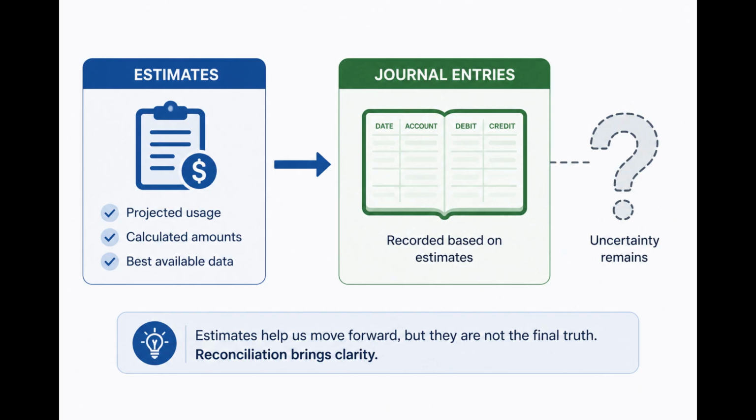Everything we've done so far has been based on estimates. Because in the real world, utility bills aren't exact at month end, interest doesn't match perfectly, and actual amounts show up later. So the question becomes, what happens when reality shows up and it doesn't match your estimate, which is based on imperfect models?